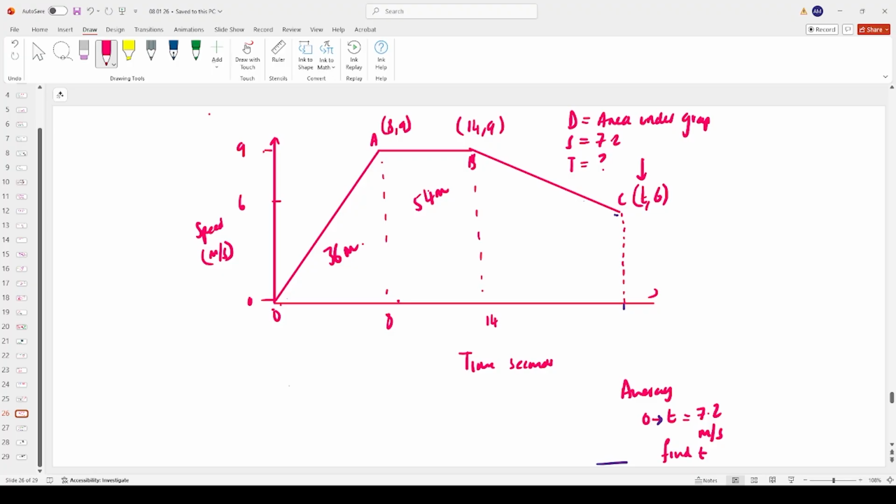Okay, so what are the two parallel sides? 9 and 6, right? So the two parallel sides are 9 and 6. These are what I'm talking about. 9 plus 6 times the height, which, if we want an expression for it, is t minus 14, and we times that by a half.